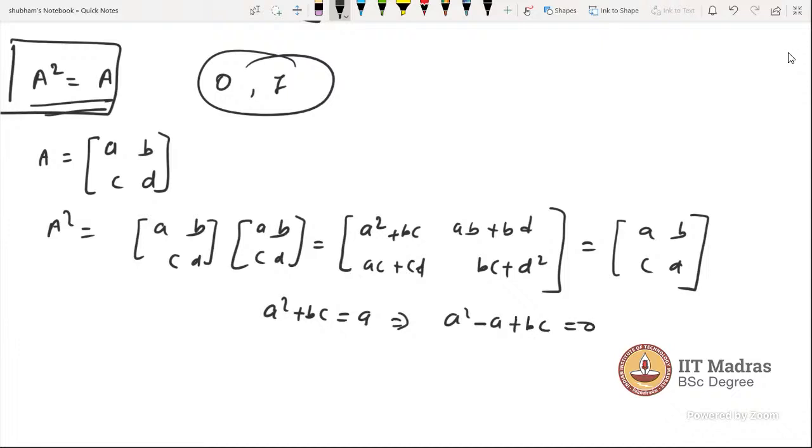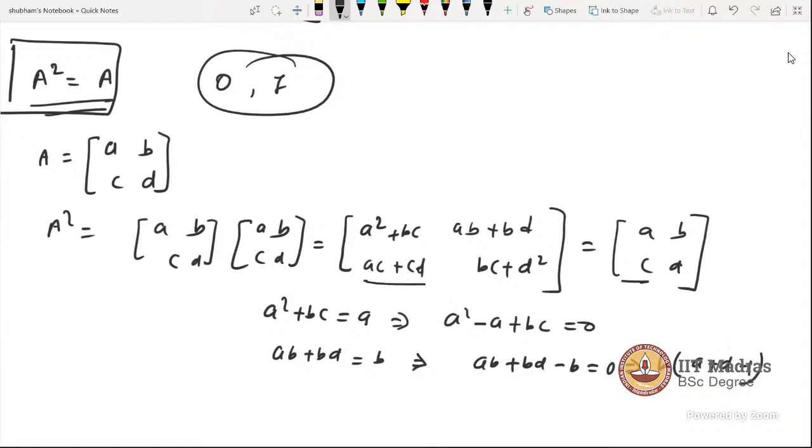The second one is AB plus BD is equal to B, and this you can write as AB plus BD minus B equal to 0, which, if you take B common, becomes B times A plus D minus 1.